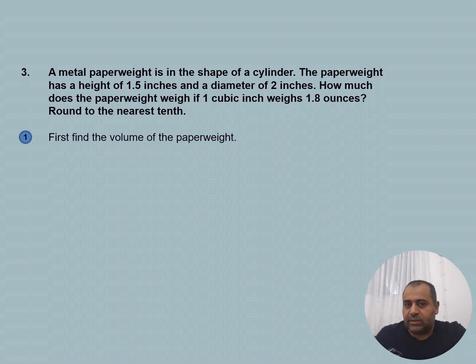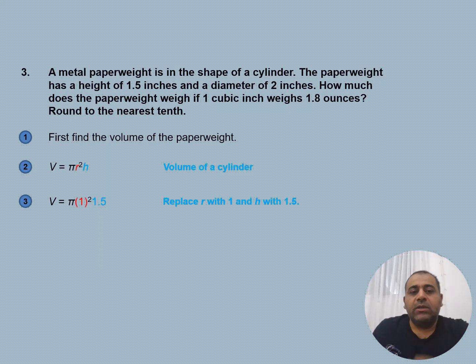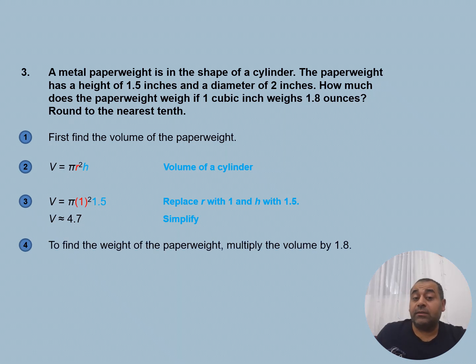V is pi r squared h, then substitute. We divided the diameter by 2 before. It's 1 squared multiplied by the height 1.5. I calculate with the calculator and get 4.7. Then what shall I do? Do I multiply or do I divide?